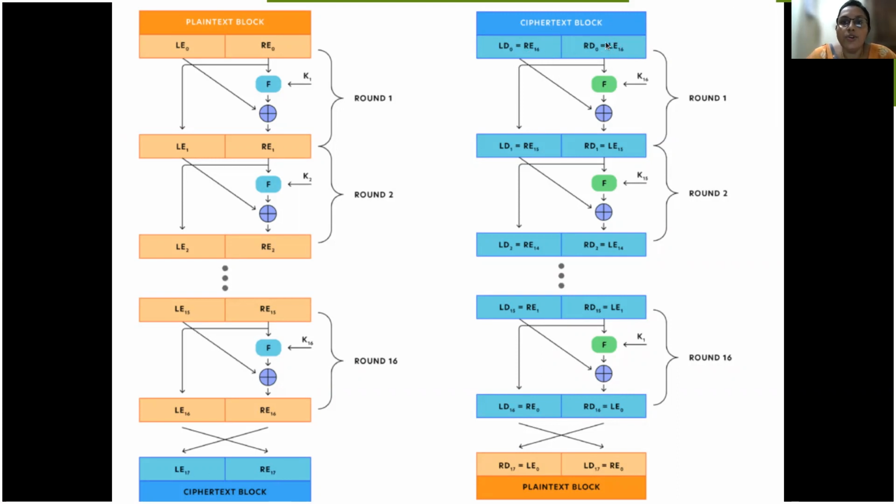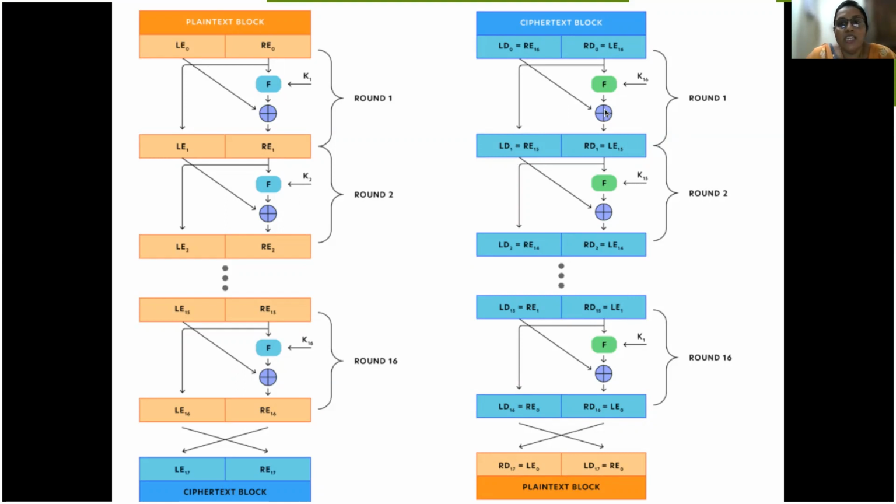And then what we are doing is reversing this, but to get RE1, we needed to do the function and the XOR. So for that particular step, we are using the function keys. K16 is the key that has been used, and the XOR is done using the left-hand side, that is RE16.